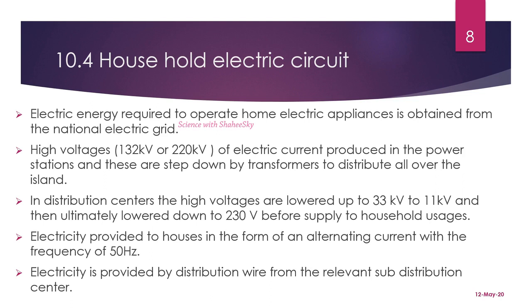The high voltages are lowered to 32 to 11 kilovolts, and ultimately lowered to 230 volts before supplying household usage. Electricity is provided to houses in the form of an alternating current with a frequency of 50 Hz.